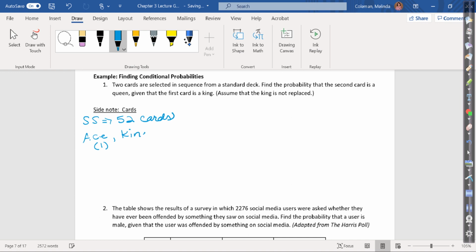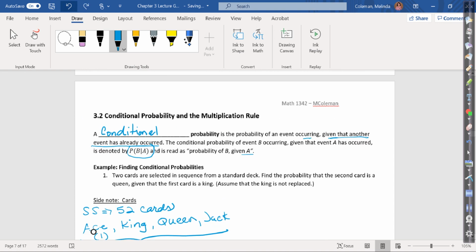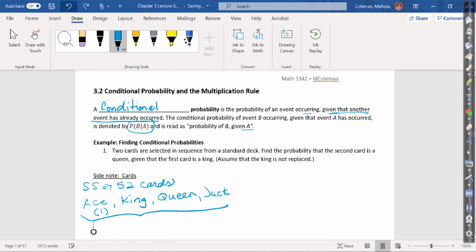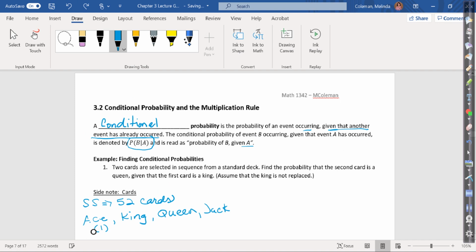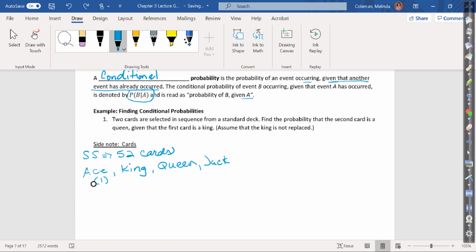There's a king, there's a queen, and there's a jack. Sometimes the ace is the highest card, sometimes the lowest card in the deck. That's why sometimes people refer to it as a 1. These 3, the king, the queen, and the jack, are called face cards.